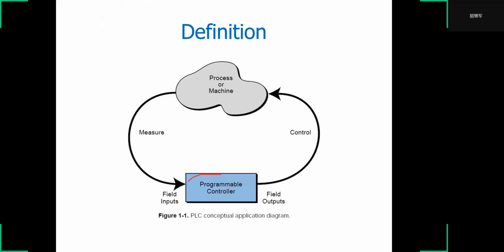This is a programmable logical controller, or programmable controller. It takes input signals from the process or machine, or from manual operation, and gives output to the process or machines.